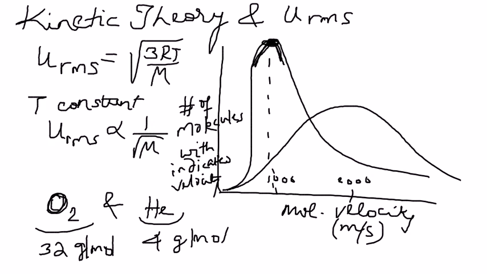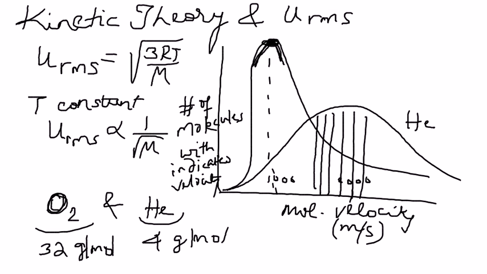On the other hand, if you think about this curve for helium, since helium has a smaller mass, more of a fraction of molecules will have greater velocities. That is the reason this region has become much flatter, and you see that more and more molecules have that greater velocity.